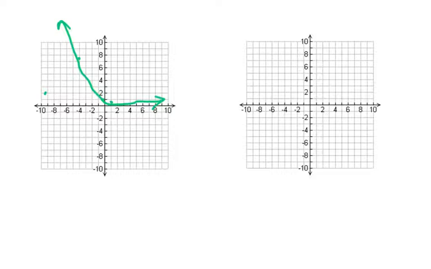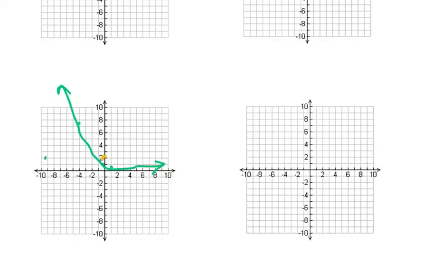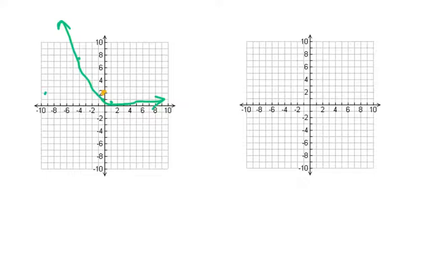And again, we are going to change the intercept to be at 2 now because of that 2 that was out front, and then we're also going to stretch it vertically and compress it horizontally, which again just means that it's going to get very tall. It's going to grow exponentially quicker.